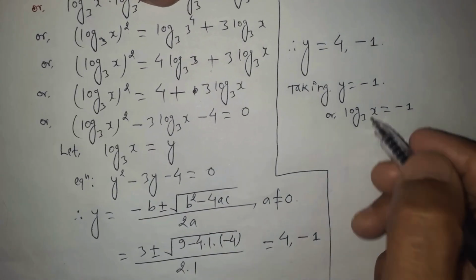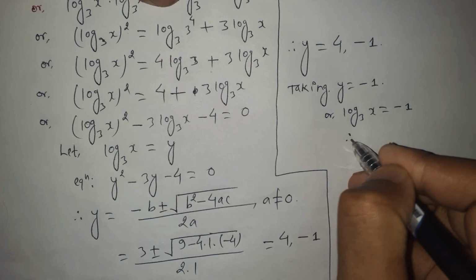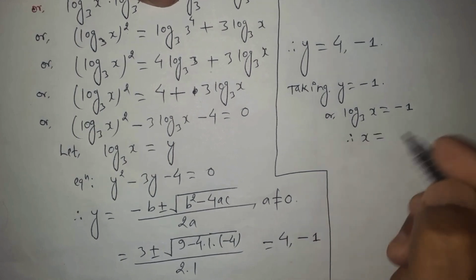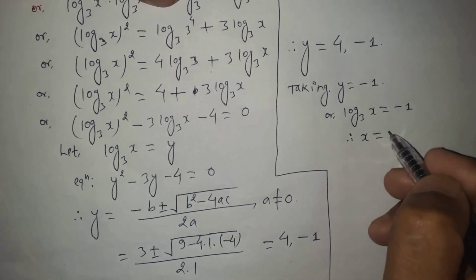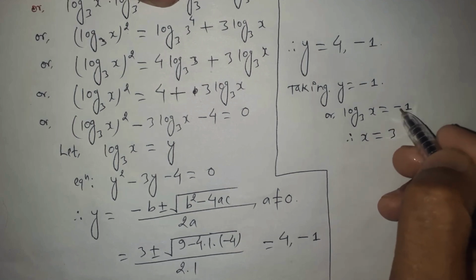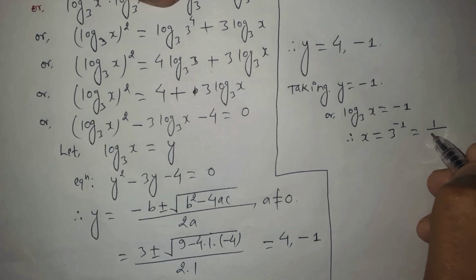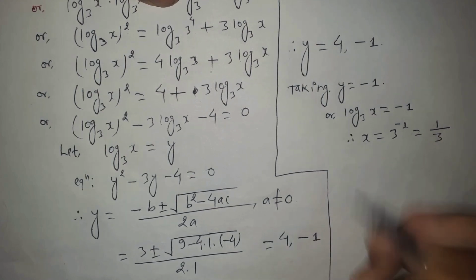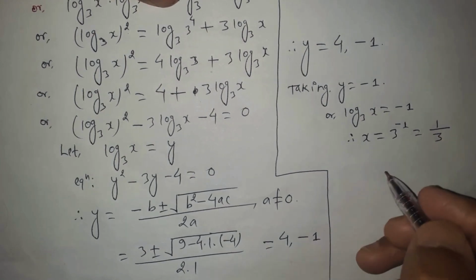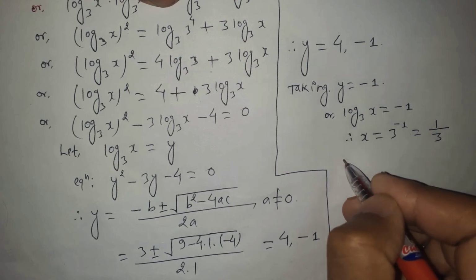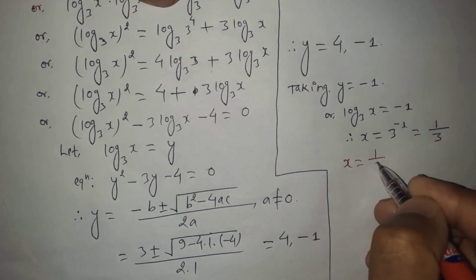Let's calculate at this condition the value of x. Therefore the value of x will be 3 raised to the power negative 1, and this is just 1 over 3. Here we obtain one value of x, 1 over 3.